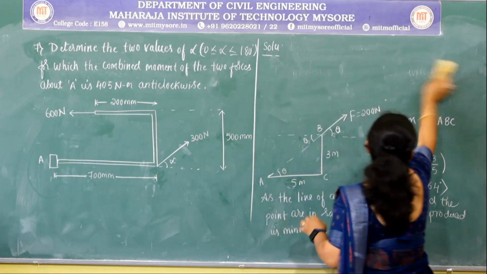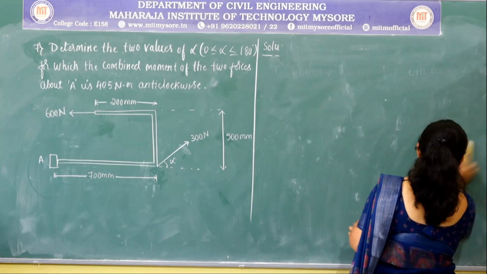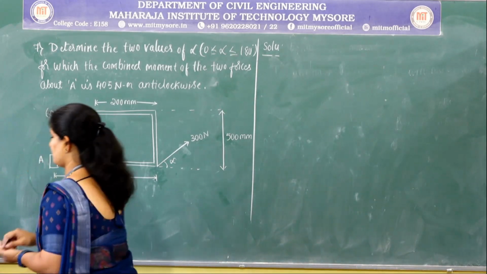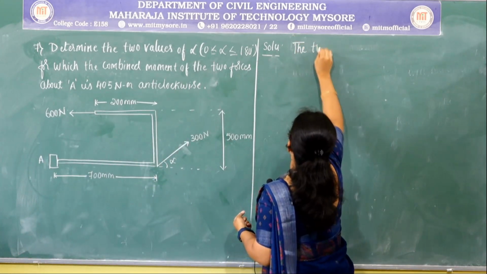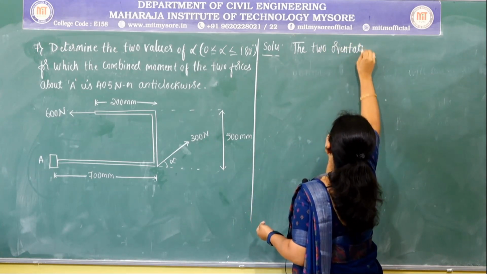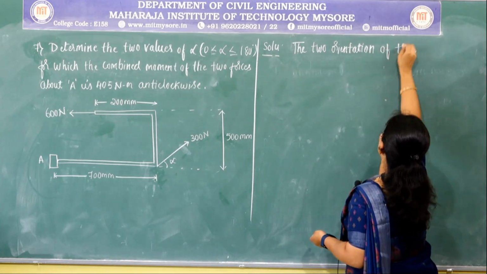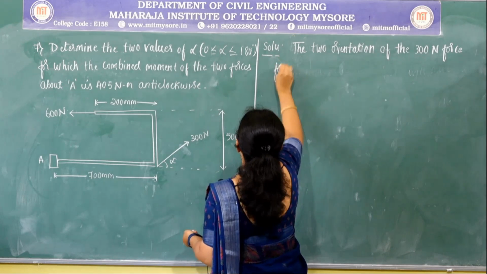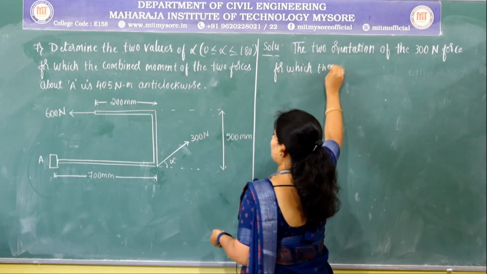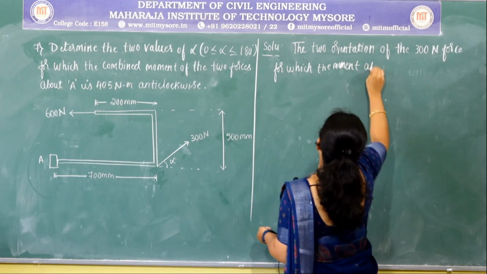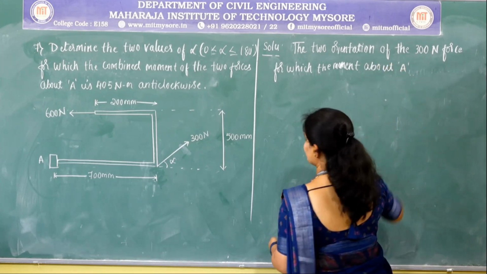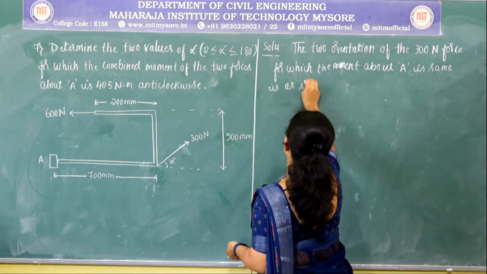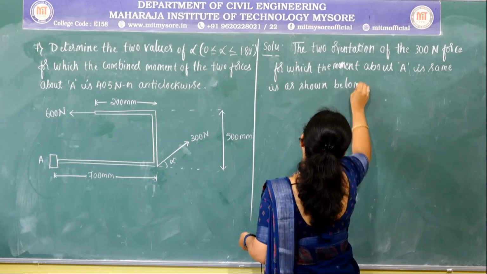First, the two orientations of the 300 Newton force for which the moment about A is the same, as shown below.